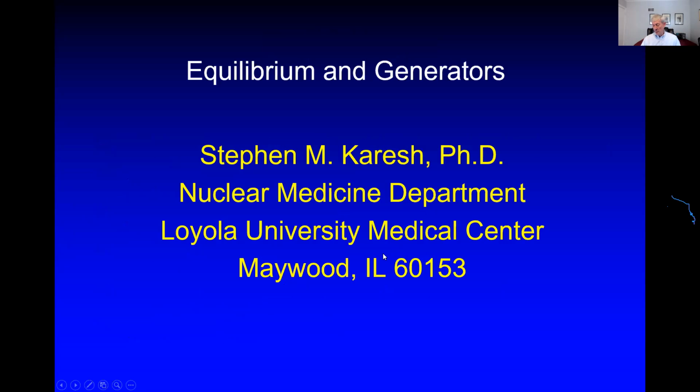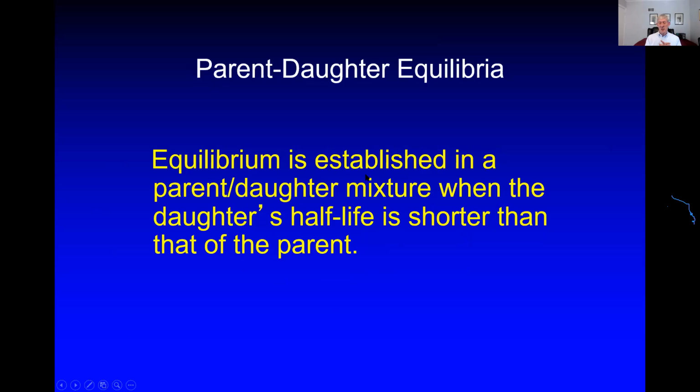So to understand generators, we need to understand what equilibrium means, and we're going to tackle that first. That does have a little bit of mathematics to it. But equilibrium is a condition that's established when we have a mixture of a parent and a daughter.